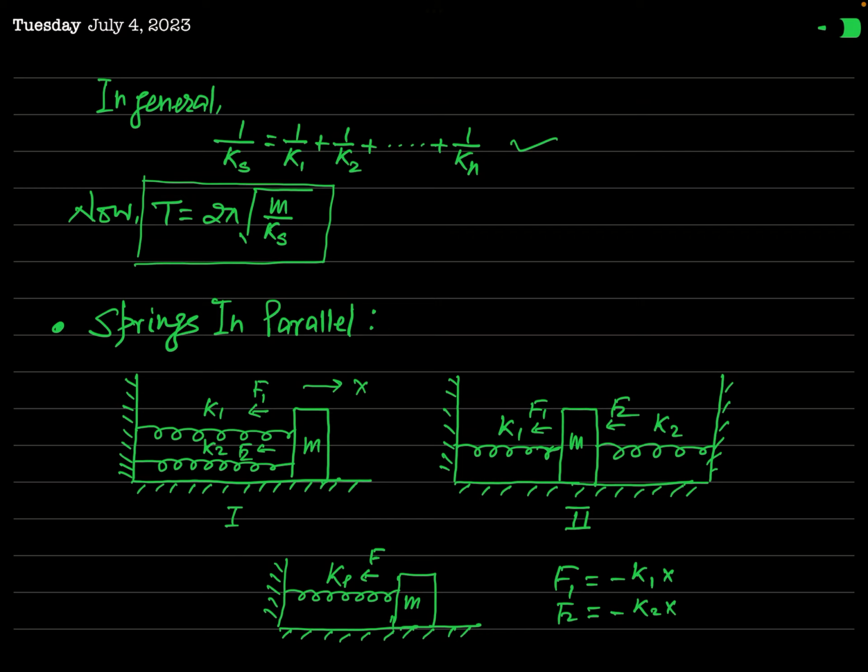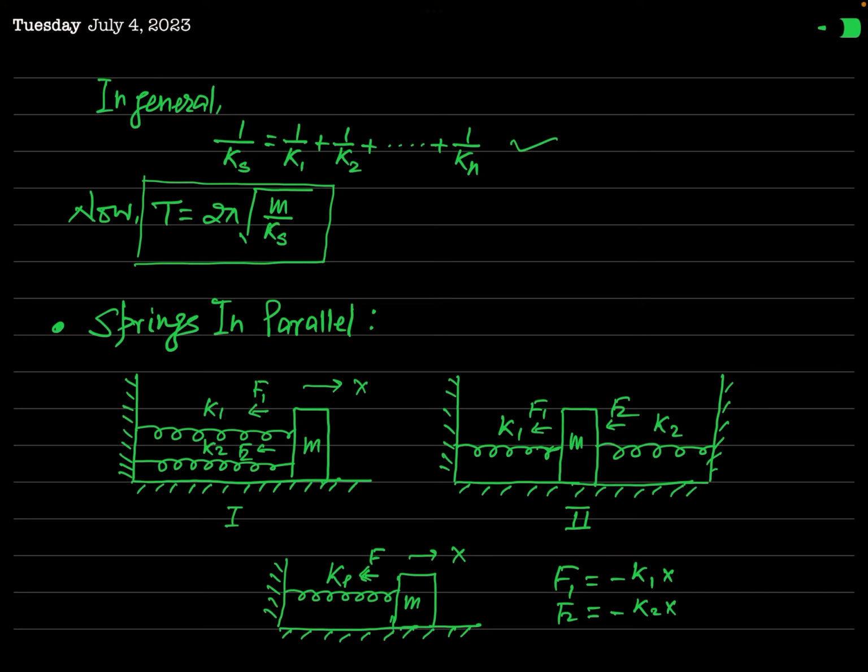So if you want to draw the equivalent figure for this connection, how can you draw it? Let us consider there is a spring constant Kp equivalent to this combination connected to the same mass m. Then if this mass is displaced by x, the same force F will be developed in the spring, and this mass will perform SHM.